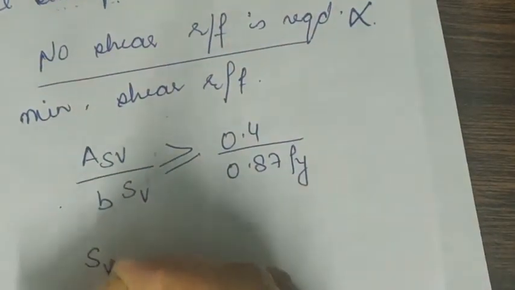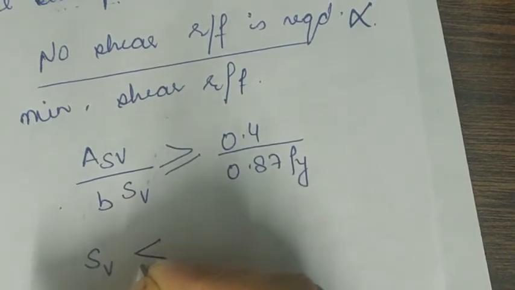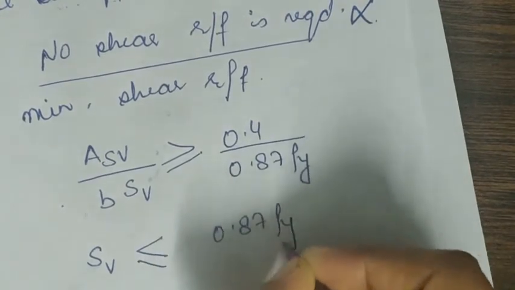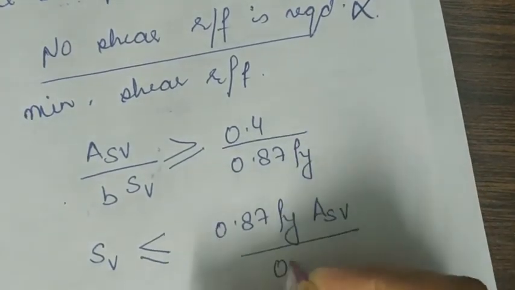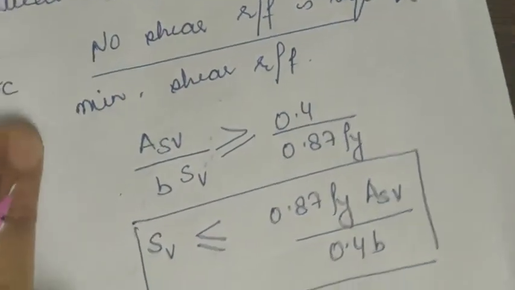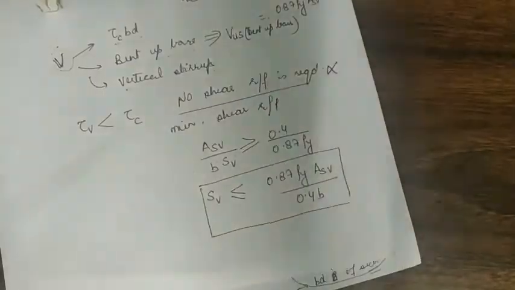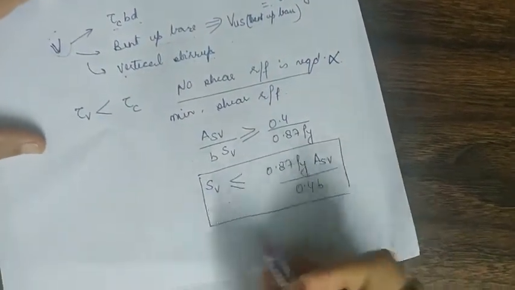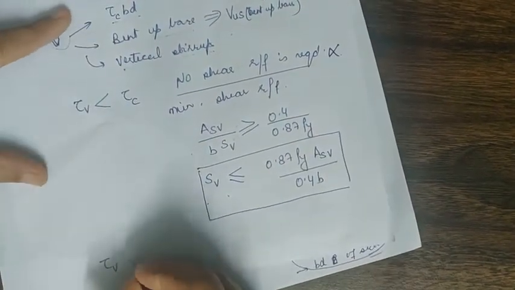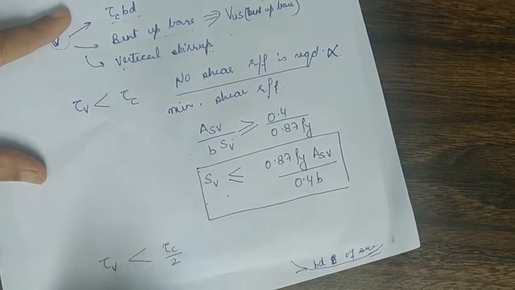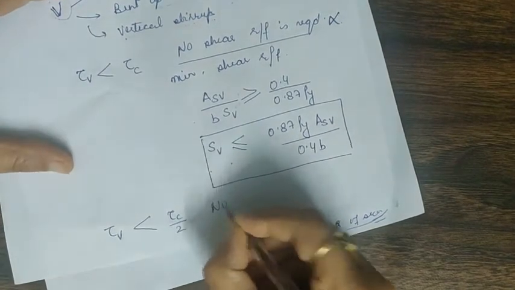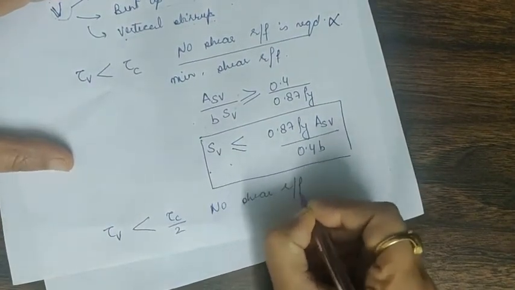That is, SV is less than or equal to 0.87 Fy ASV upon 0.4 into B. So if you are having tau V less than tau C, then also you will provide minimum spacing as this value. Then if tau V is even less than tau C upon 2, if shear force is very low, then code says there is no need for shear reinforcement.